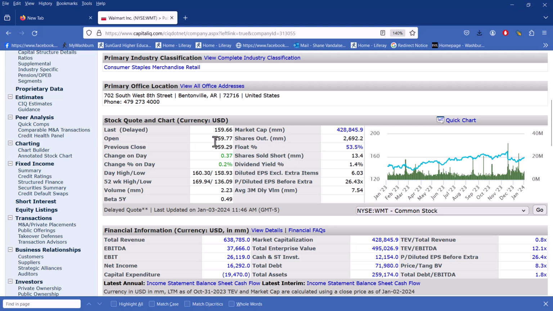This share of stock will get them a certain amount of dividends every quarter. And what we see here is that the dividend yield is 1.4%. So on an annual basis, they're getting 1.4% of this stock price in terms of a cash payment. The earnings per share is currently $6 per share. And so again, they're paying $159.66 for $6 of earnings per each share that they have.